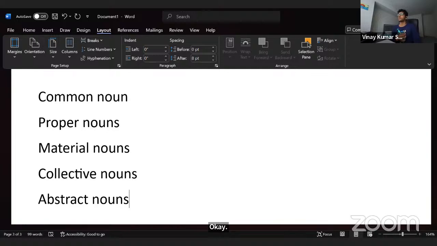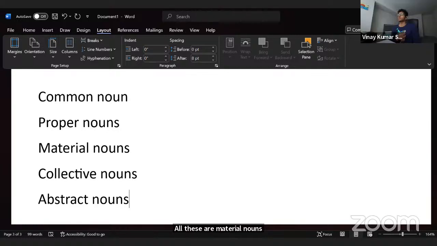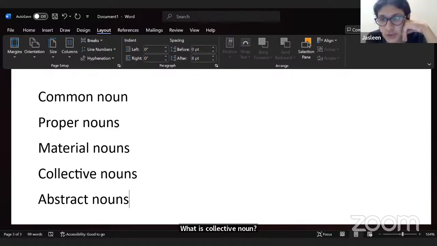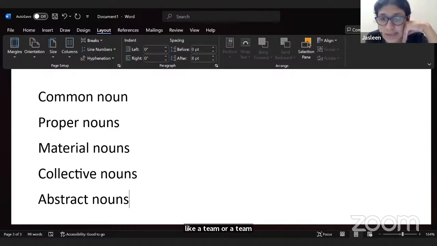Yes, a chair, a table, a book. All these are material nouns. What is a collective noun? It's one word that holds a bunch, like a team. The team of players, the bunch of keys, the set of books.